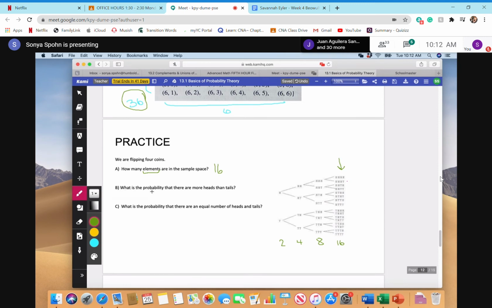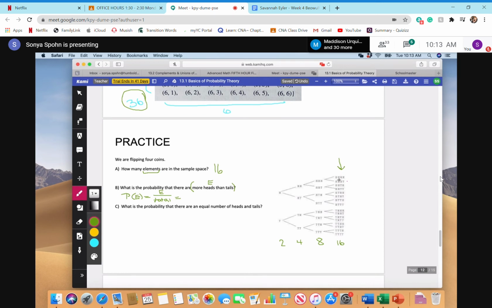Now we've got probability. What's the probability that there are more heads than tails? This is our event. So remember, when we do probability, we do the probability of whatever event they're asking us, which is how many of that event over the total. And I have to go back to, we're doing probability, not odds. So now we have to go through our answers here and count up how many have more heads than tails.